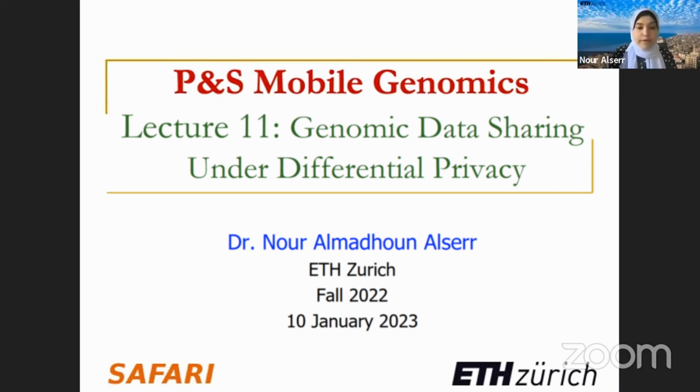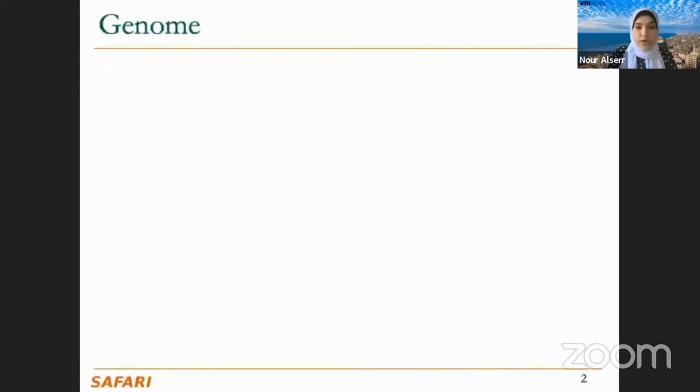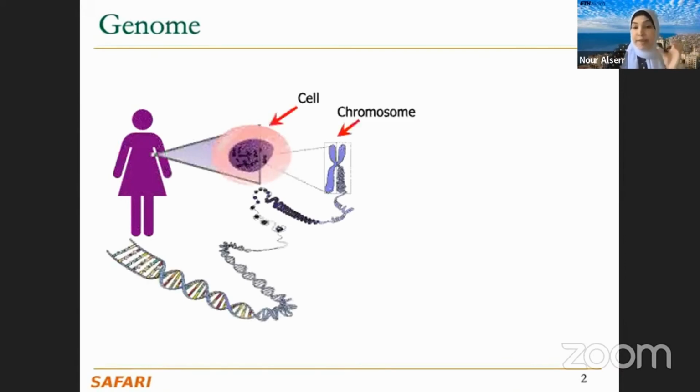Let's get started. I think all of you are familiar with this, but let me briefly summarize some background information about the genomic data, and let's refresh your information. Inside each and every cell of your body, there is a code, okay? This code is a code of instruction for life.